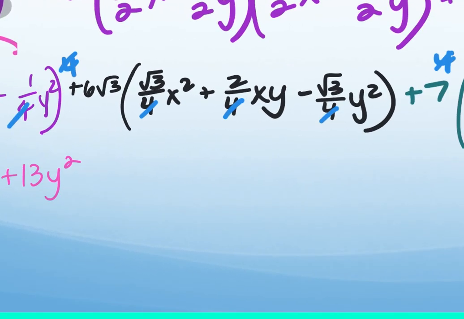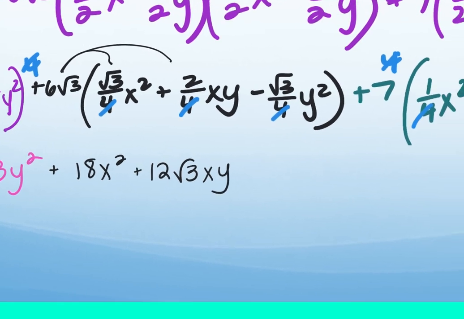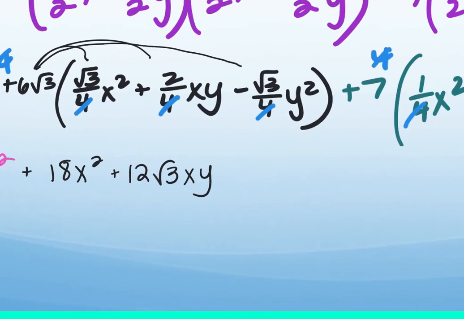Then I'm going to distribute 6 root 3 in. 6 root 3 times root 3 ends up being 6 times 3, or 18x squared. 6 root 3 times 2 is 12 root 3 xy. 6 root 3 times negative root 3y squared becomes 6 times negative 3, negative 18y squared.